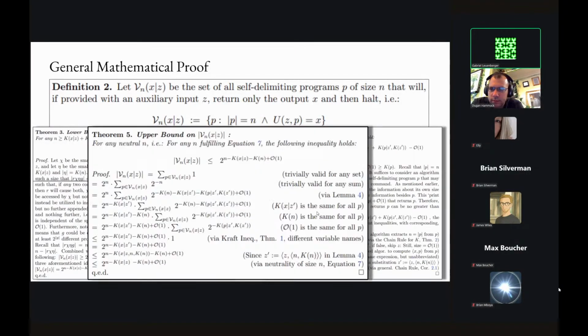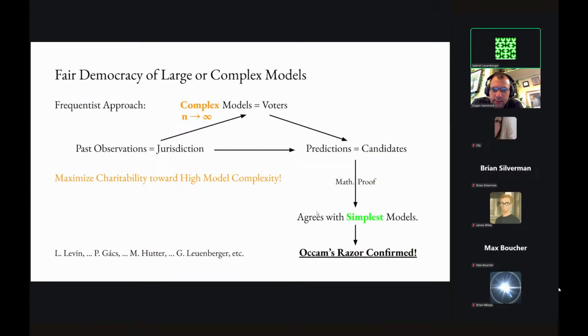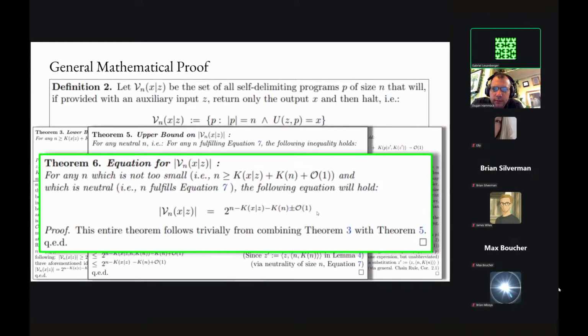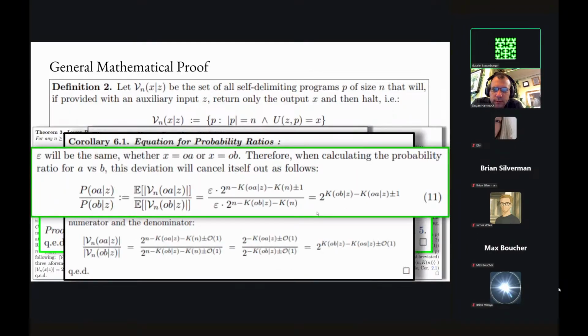I'm just skipping forward here. These are the theorems that build up toward that. And here are also the independent variables that are part of this. They are given as an input to the models. And the result is this one. That's the important part.